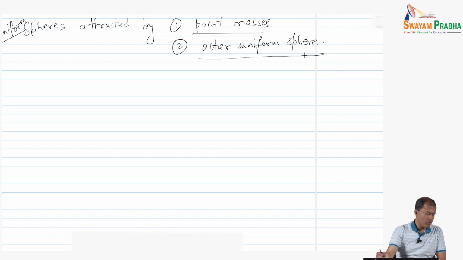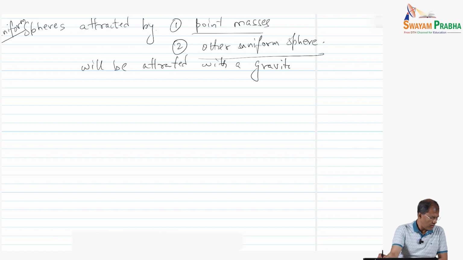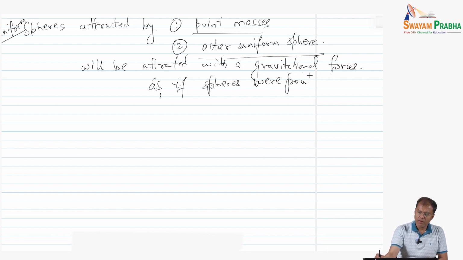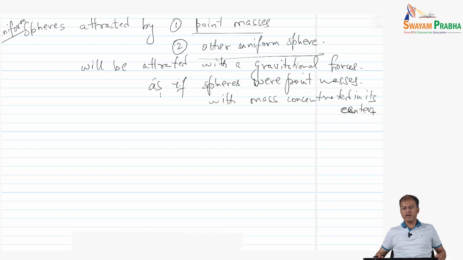Uniform spheres attracted either by point masses or by uniform spheres altogether are going to have a gravitational force as if the spheres were point masses with mass concentrated in their center, right?